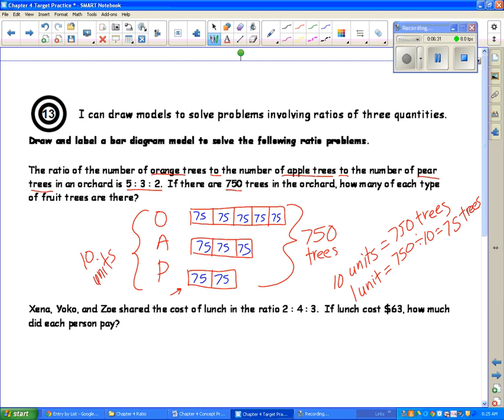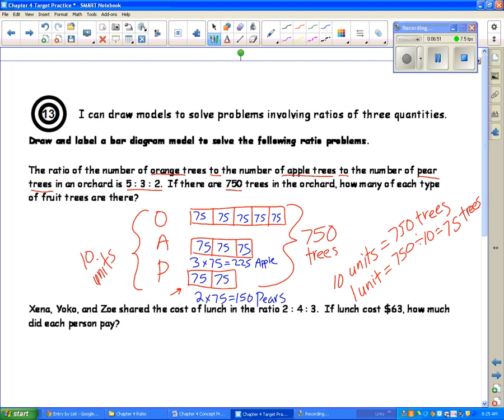Pear trees are 2 units, so 2 times 75 is 150 pear trees. Apple trees, there's 3 units. 3 times 75 is 225, so there's 225 apple trees.